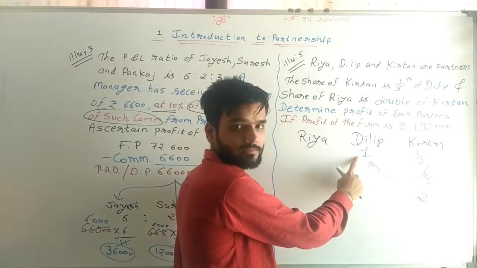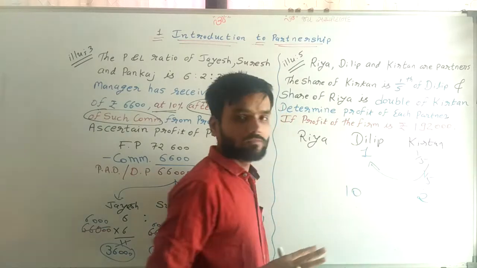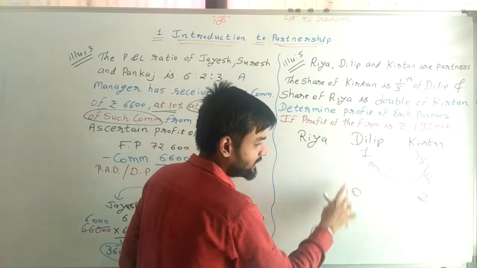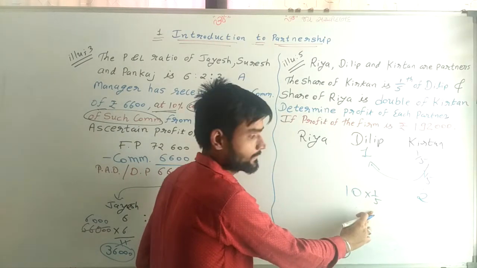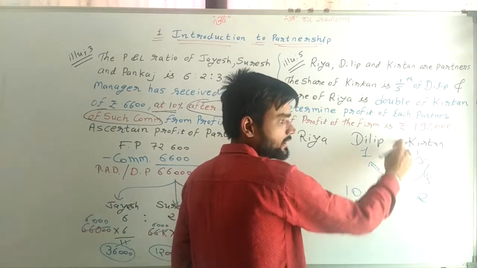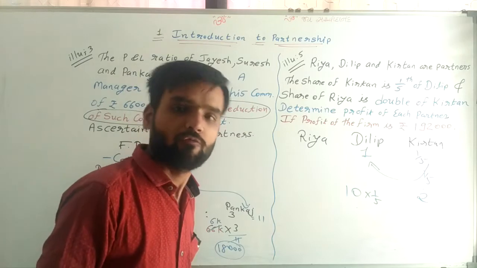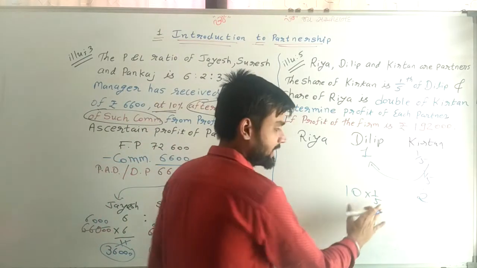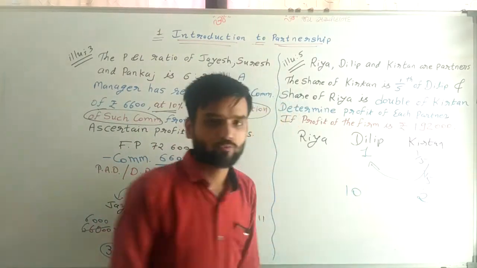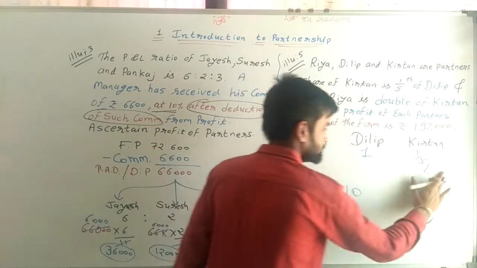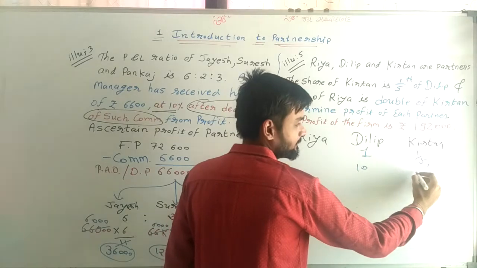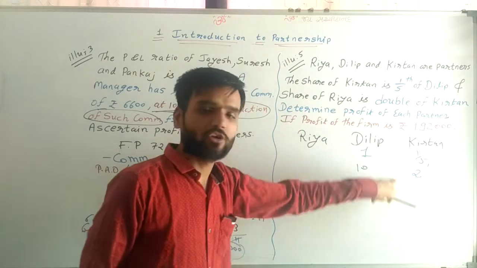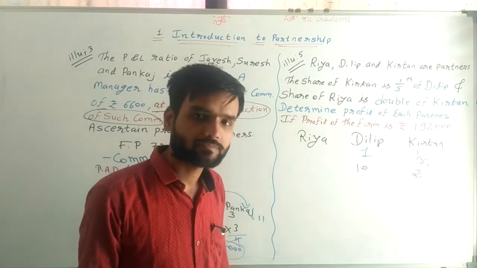So if Dilip's profit is 1, then 1/5 is Kirtan's profit. If Dilip's profit is 10, then 1/5 of 10 is 2. That is the portion of Kirtan. In this way we can find the ratio. So here I can write 10, and 1/5 of 10 is 2. That is the profit of Kirtan.